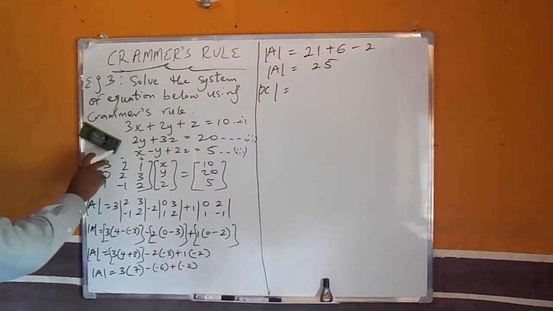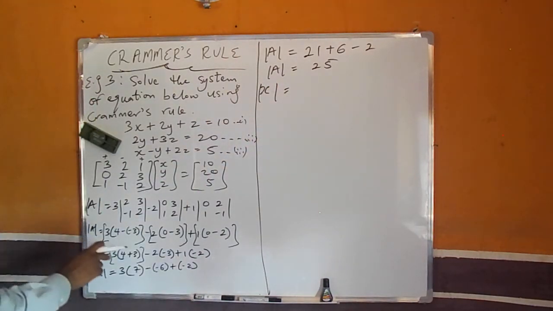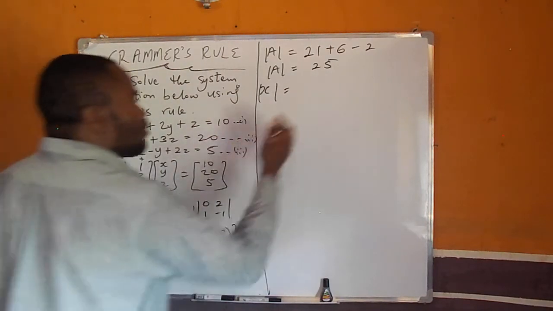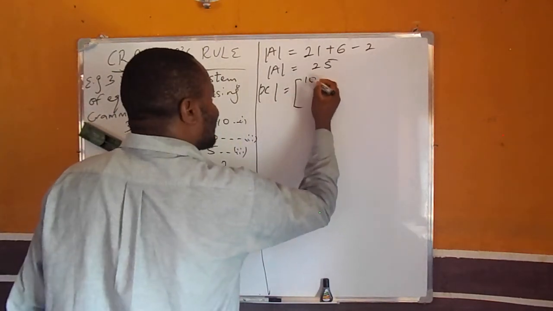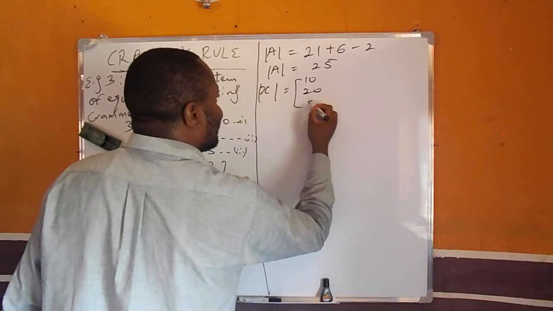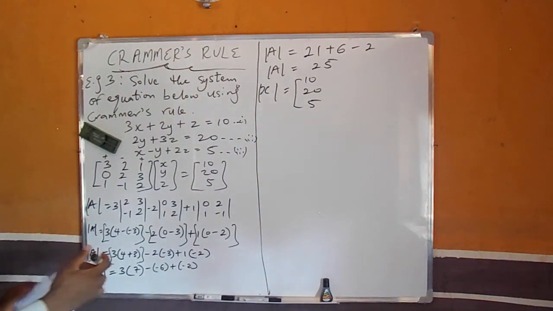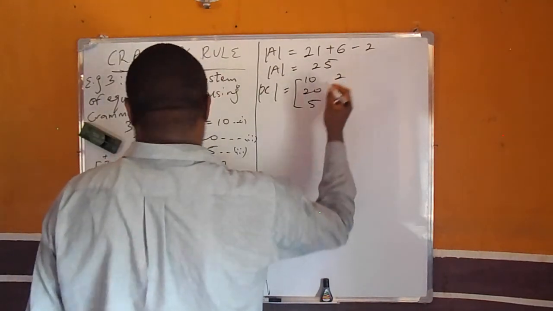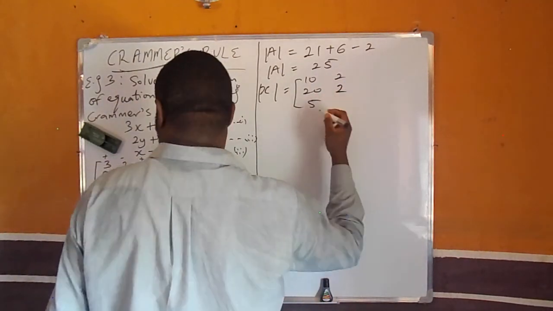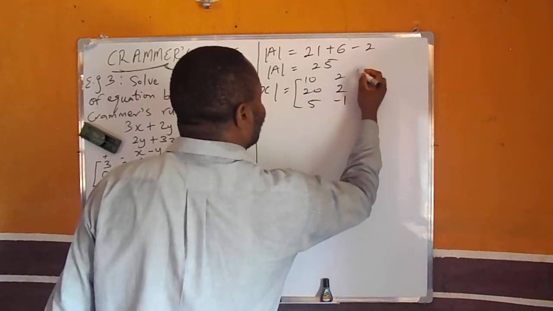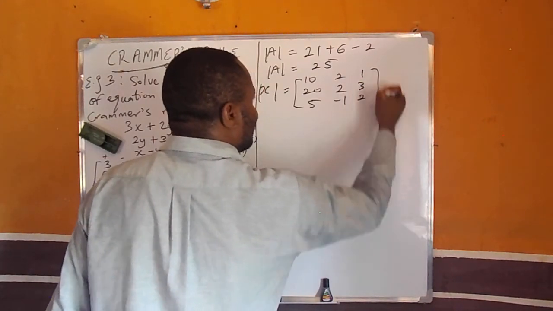So we eliminate all this x column and replace it with the equals to, which will give us 10, 20, and 5. Then the others, the y and z, remain. So we have 2, 2, negative 1, 1, 3, and 2.